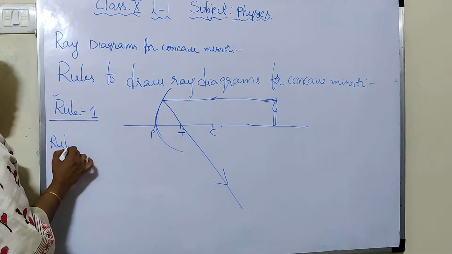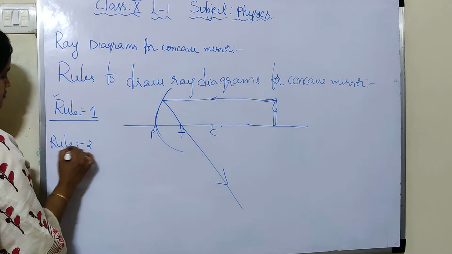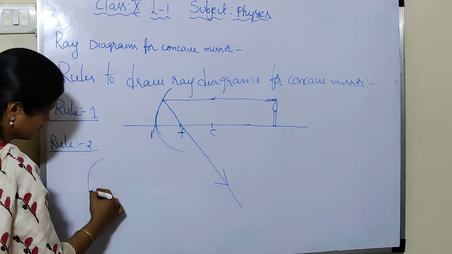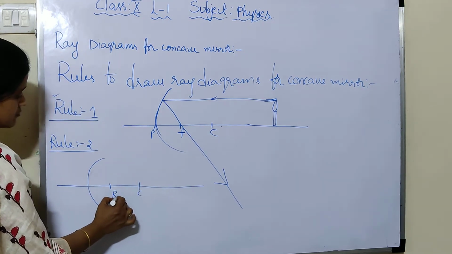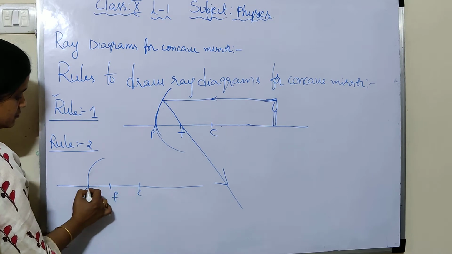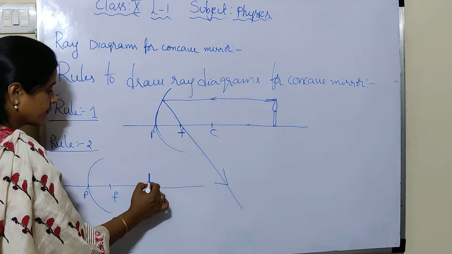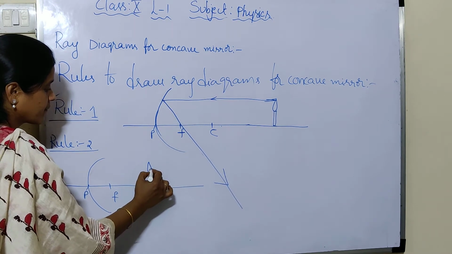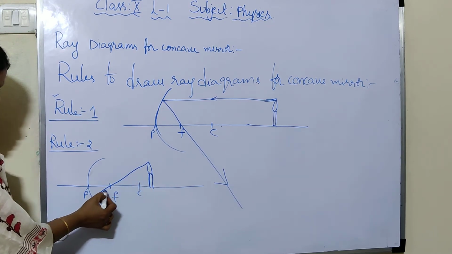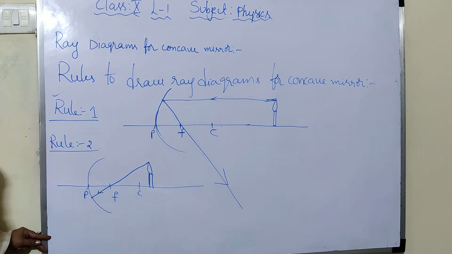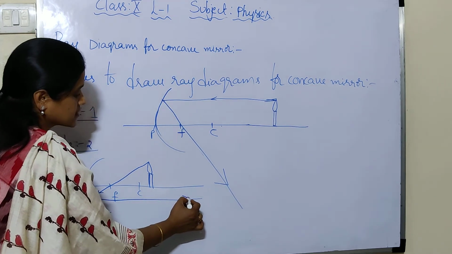Next, rule 2. When a ray is passing through the focus like this, after the reflection, the reflected ray is parallel to the principal axis.